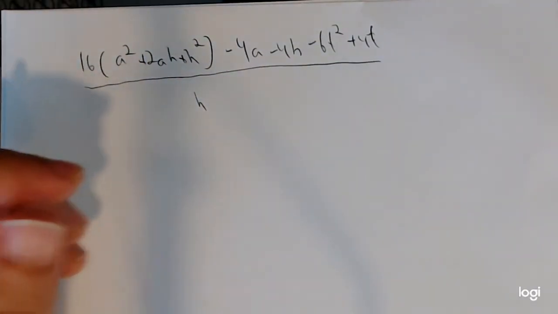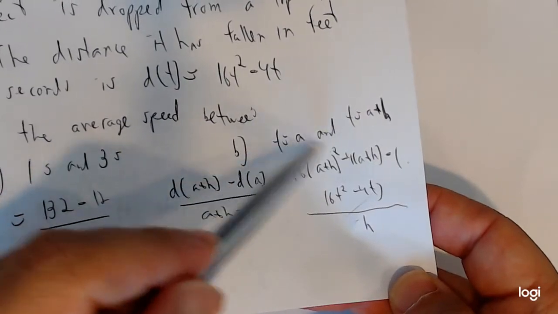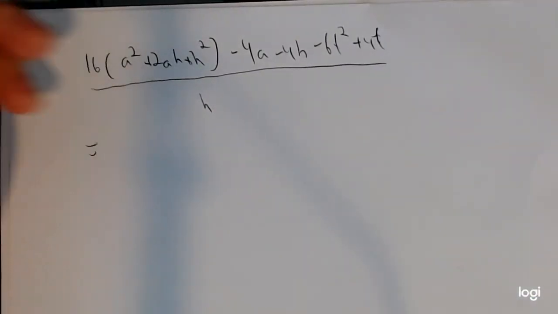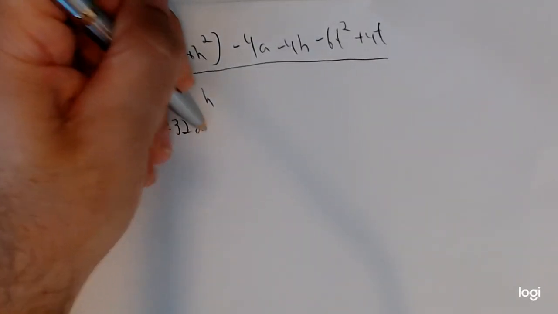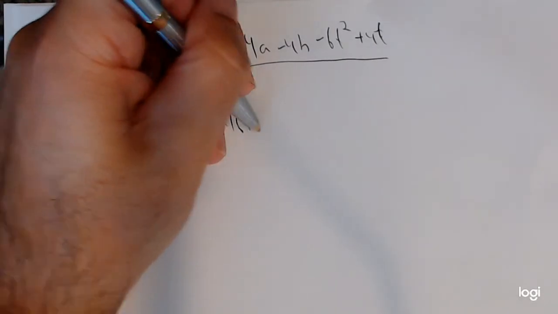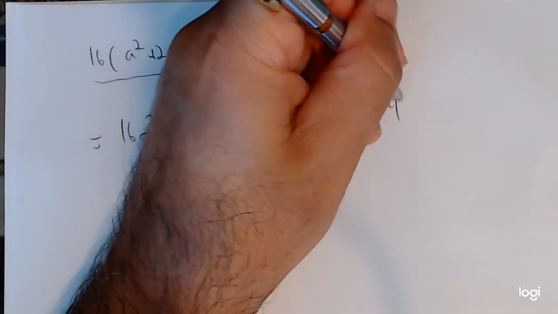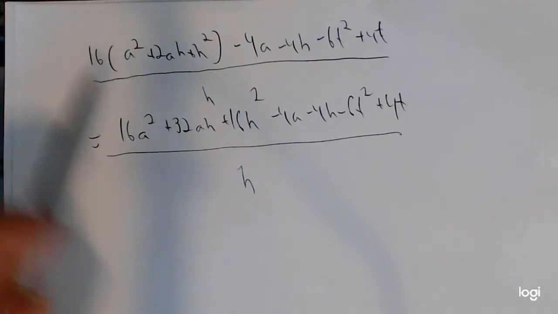So I kind of just simplified this, right? I multiplied that out. The only thing I didn't do is distribute the 16. So let's distribute the 16 as well. So that will be 16a squared plus 32ah plus 16h squared minus 4a minus 4h minus 16t squared plus 4t, all over h. And by the way, this h should cancel out.